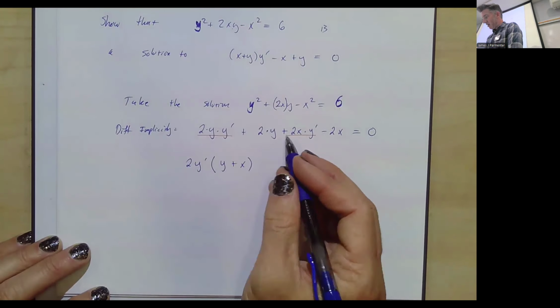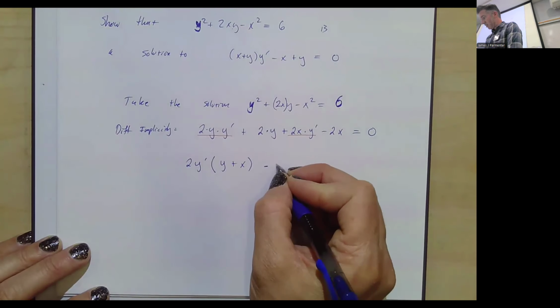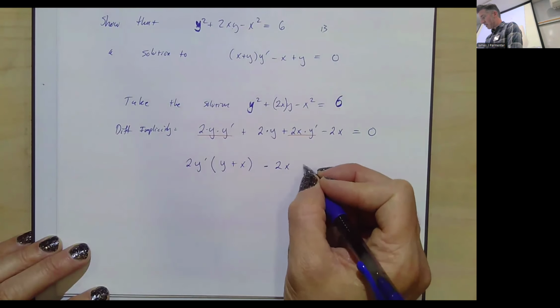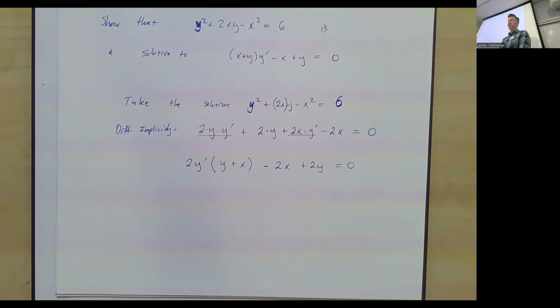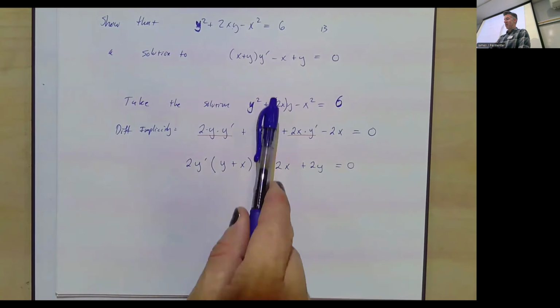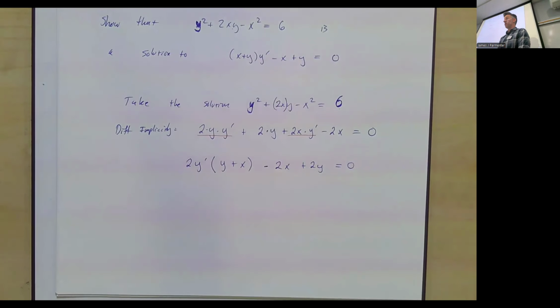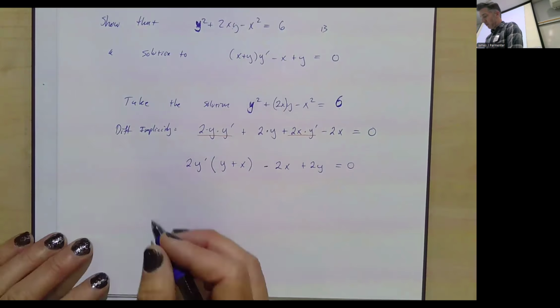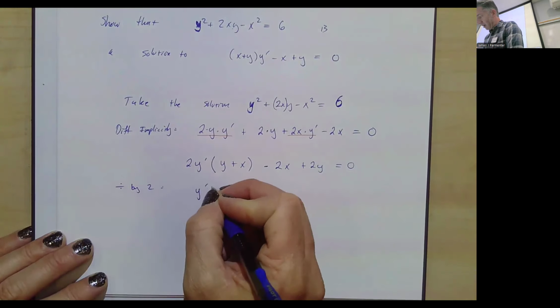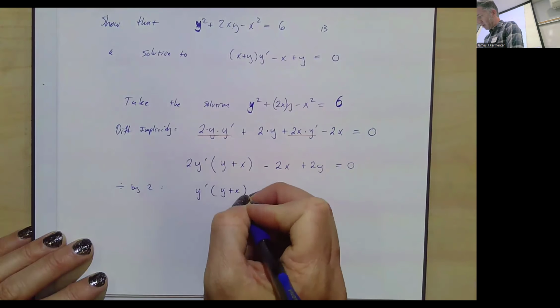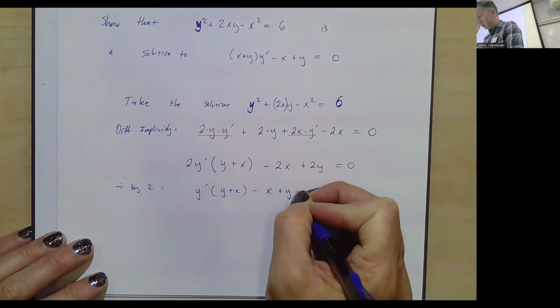And then I'm going to write things in a slightly different order, minus 2x plus 2y equal to 0. The only thing I have to do now to get this equation to look like that equation is divide both sides by 2, which is totally valid. So divide by 2 and get y prime times y plus x minus x plus y equals 0.